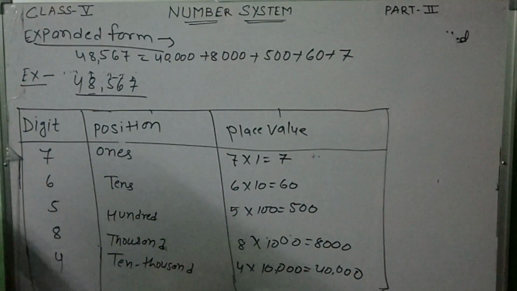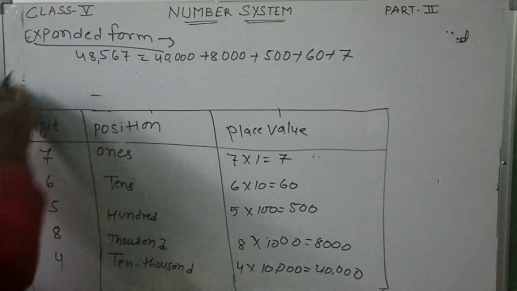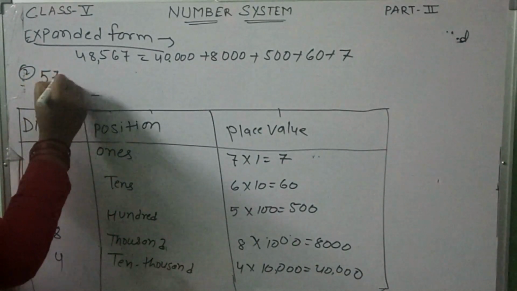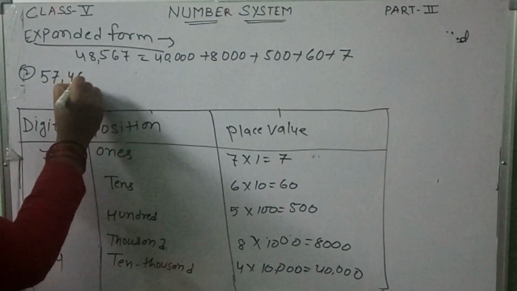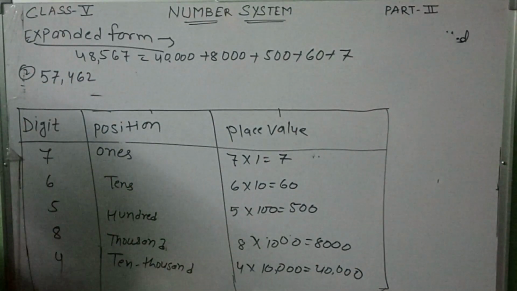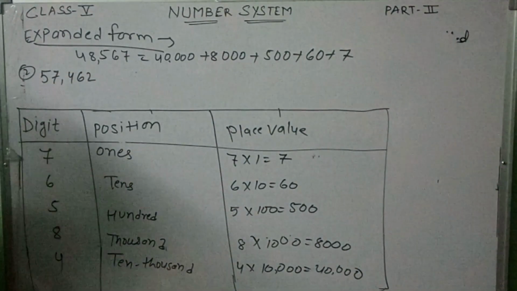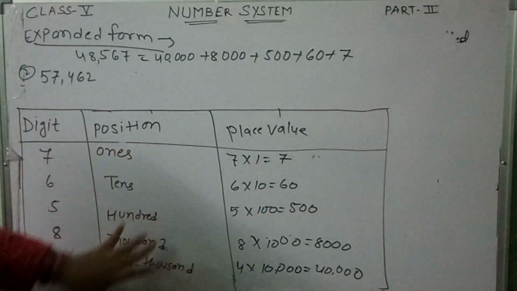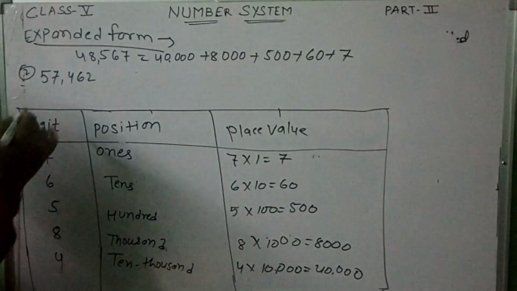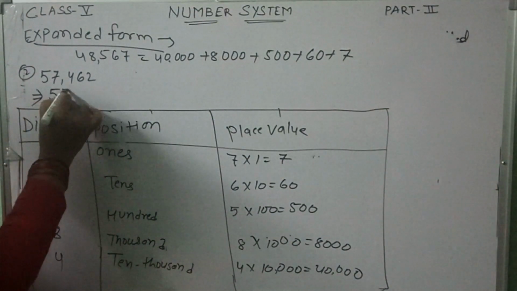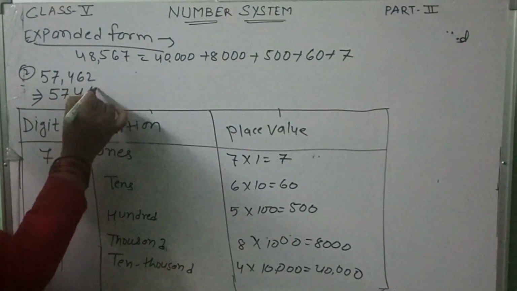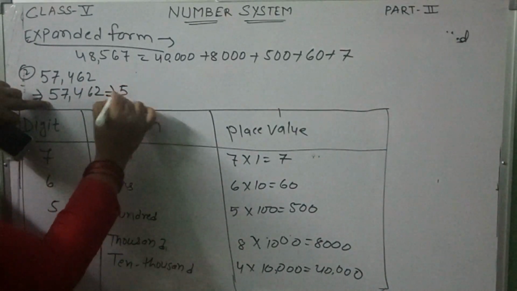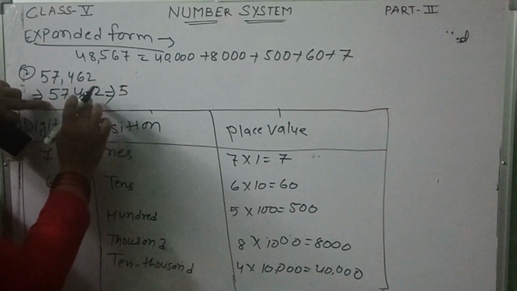If more examples are given in the question, suppose the next question is given 57,462. We have to write the expanded form. Only in those questions where we have to find the expanded form only, then no need to write all the place values. Simply in short you can write this number, 57462, and afterwards you start from here, 5. How many digits after it? 1, 2, 3, 4.